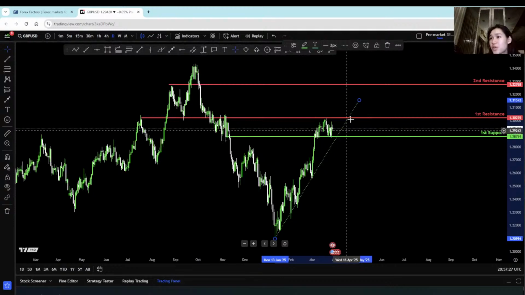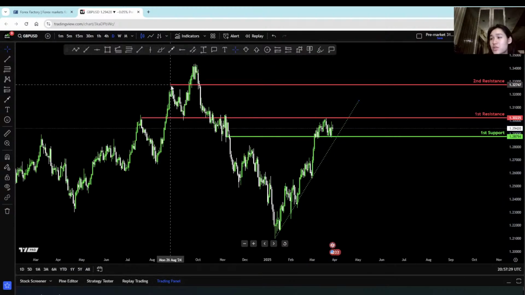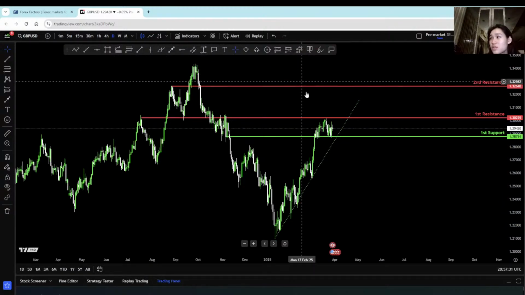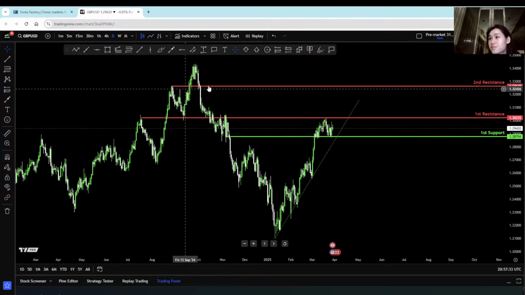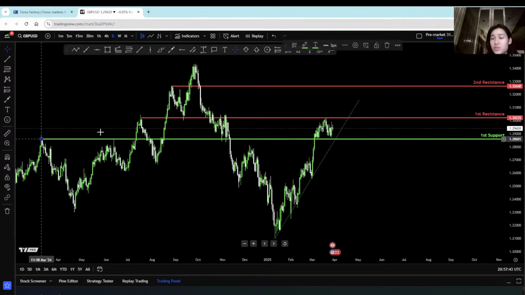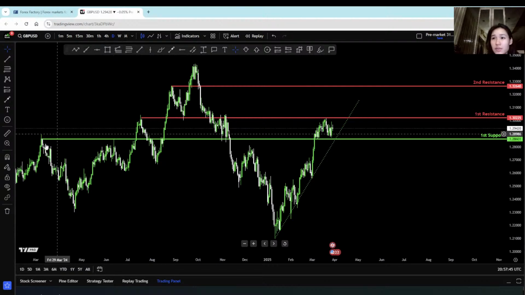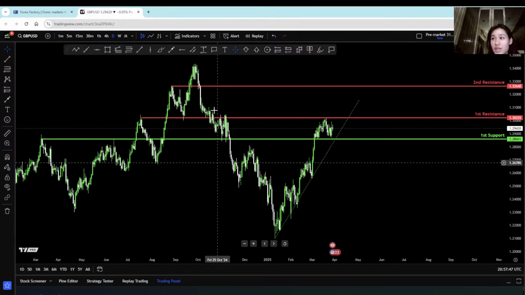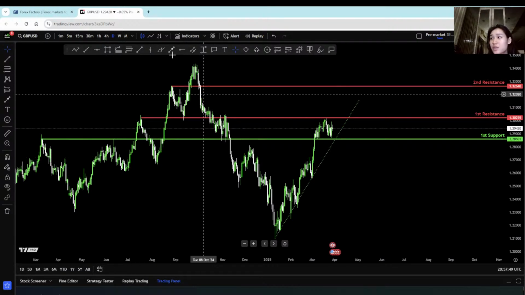So I'm expecting prices to be able to push upwards here. So again, with this first support, you might not want to put it so close to where price is at. You might want to give it some room to breathe. I'm just placing it here because you can see there's a lot of swing highs and swing lows that line up.